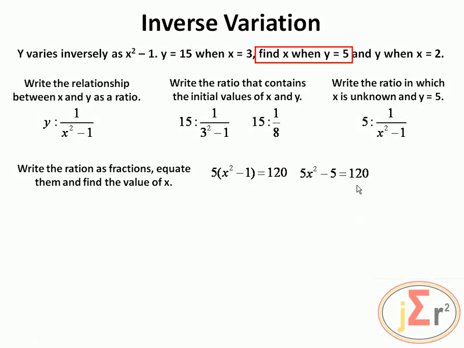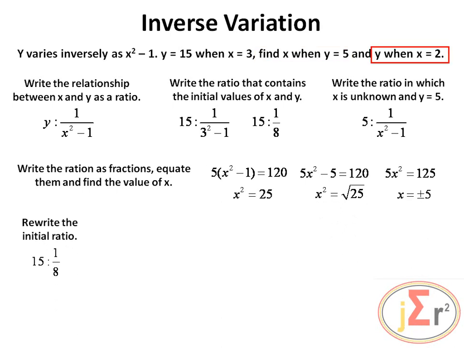I clarified on previous slides how we would get a situation like this when we are supposed to write the ratios as fractions. That's what we did on some previous slide. And of course, as usual, we are going to transpose, and the value of x is plus or minus 5.